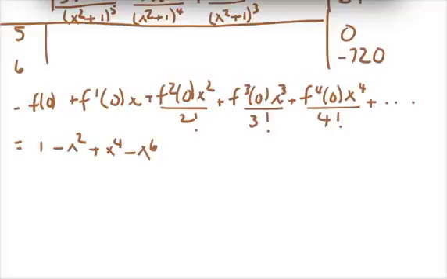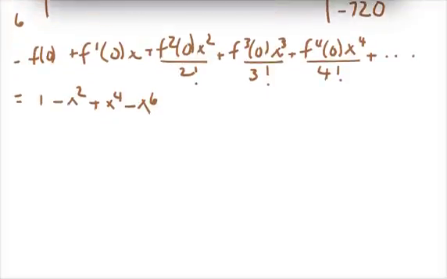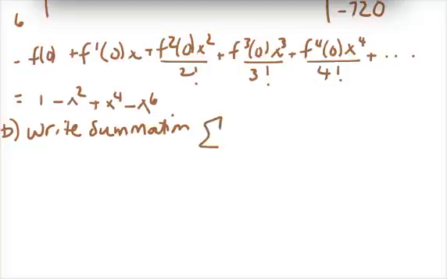So let's write the summation, which is the second part of the problem. Write the summation representation of the function 1 plus x squared. And you notice that it's alternating, so you've got to put an alternating term in there, and then it's x squared to the k.